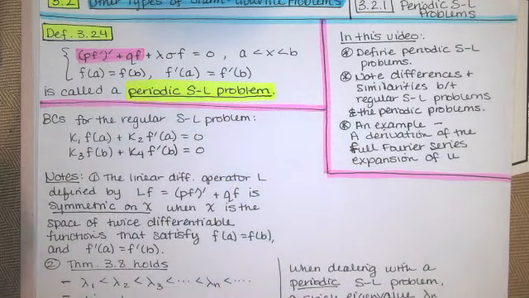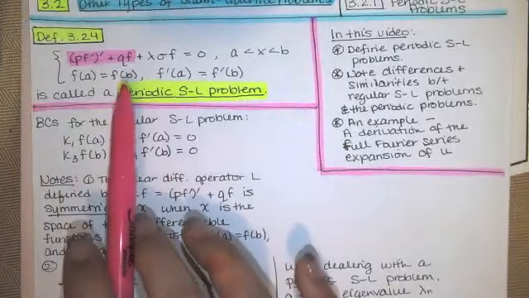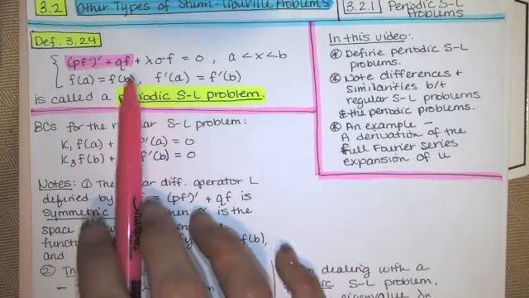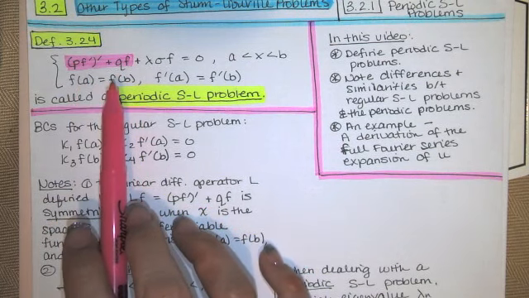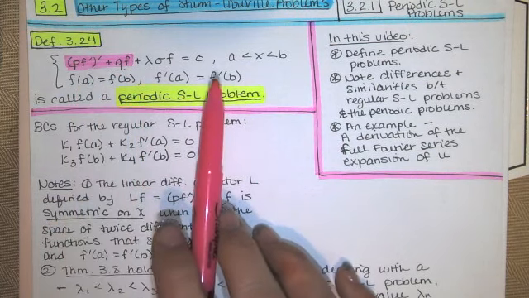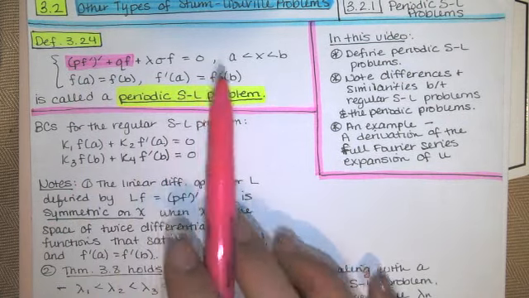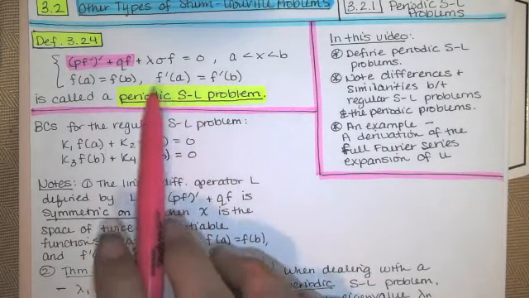It deals with the function value and its derivative on the left, and the function value and its derivative on the right. But with a periodic problem, we're talking about how the function value on the left and the function value on the right are related to each other. So here we're saying that they're the same, and here we're also saying that the derivatives are the same. So the function values are the same, and their slopes are the same. So that means this function is repeating itself, as I'm repeating myself right now.